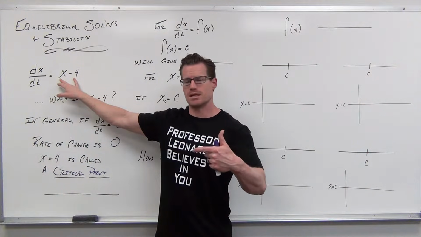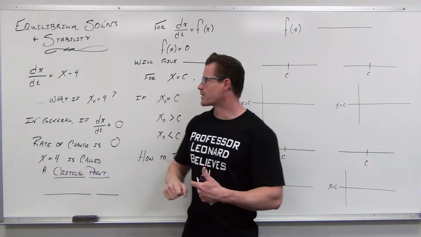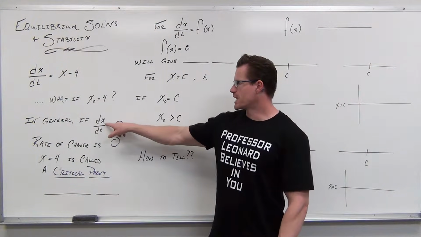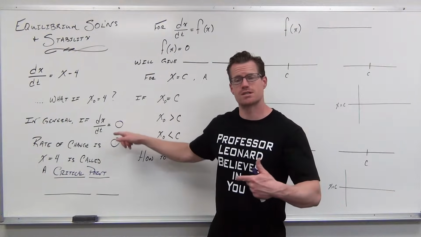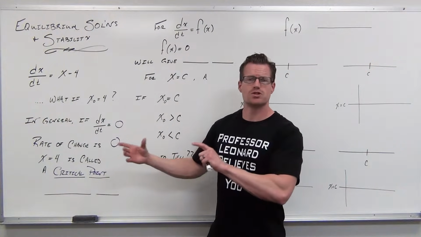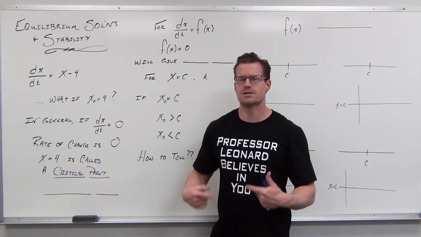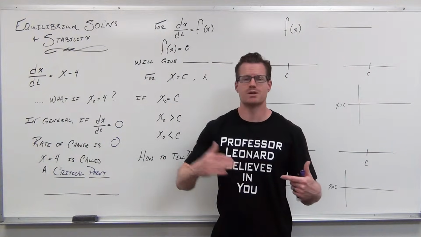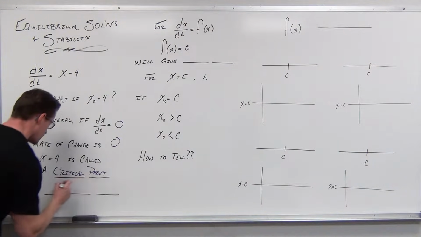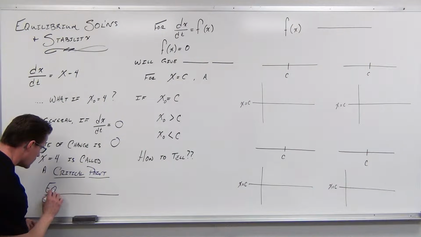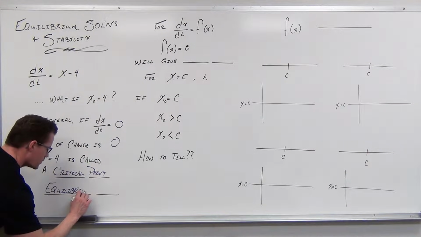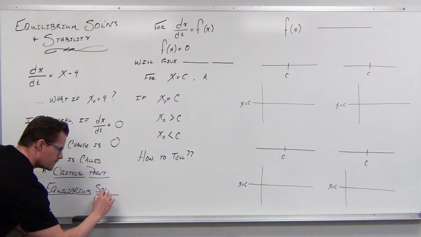Here, what that's going to mean is that if you start at that critical point exactly, then you would have a change in your population, whatever your function is, of 0. Your rate of change is 0. It cannot change. That solution of the critical point is oftentimes called an equilibrium solution because you are at equilibrium. Nothing's gaining, nothing's losing. So an equilibrium solution.